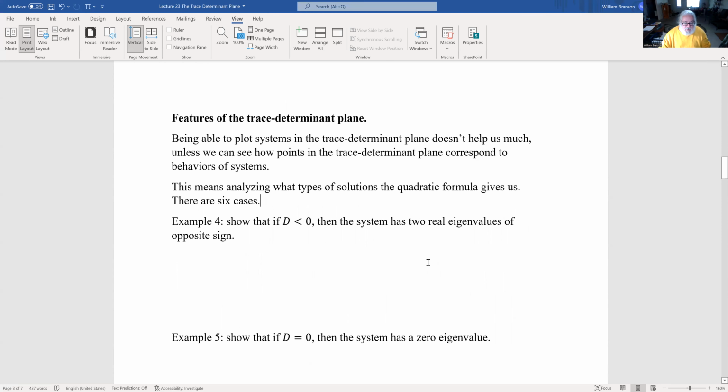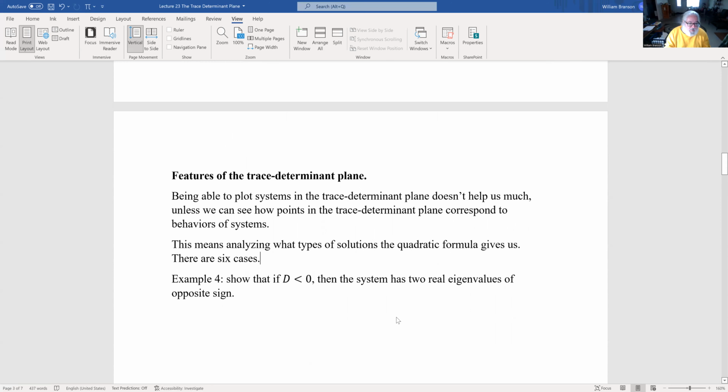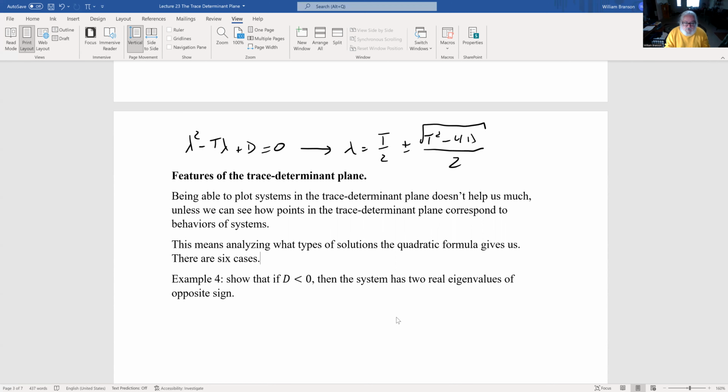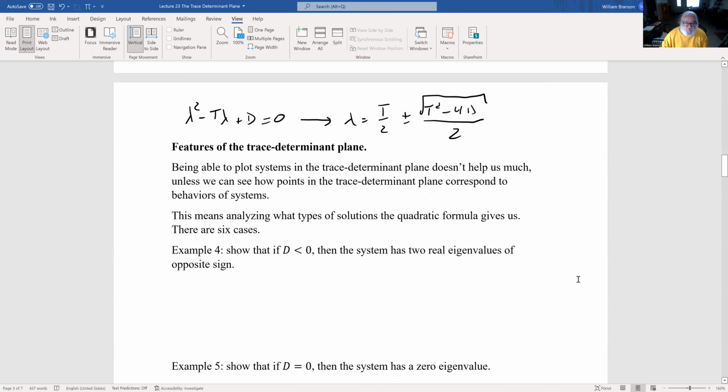So if our characteristic equation is lambda squared minus trace lambda plus d equals 0, that means our eigenvalues are t over 2 plus or minus the square root of t squared minus 4d, over 2. So there's our eigenvalues.